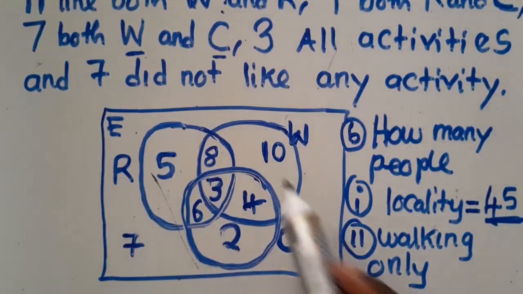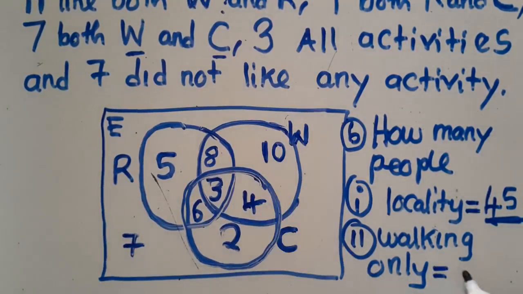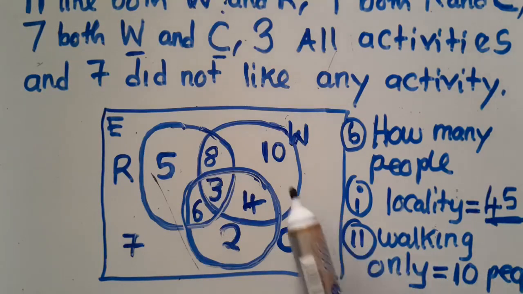How many are they? 10 people. So don't just say 10. You put the word people. So 45 people, 10 people like walking only. If they say how many people like running only, there are 5 people that like running only. This is what you are supposed to do.